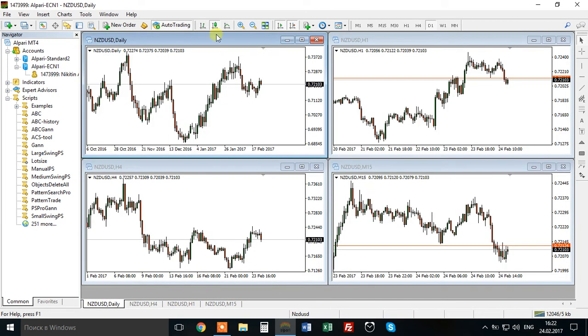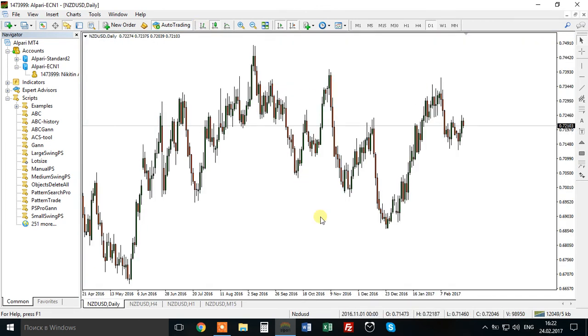New Zealand dollar. Okay, daily time frame says that we had a correction here, valid structure, then we had a break to the downside, not valid. So this way, impulse to the upside, correction, confirmation of an uptrend.